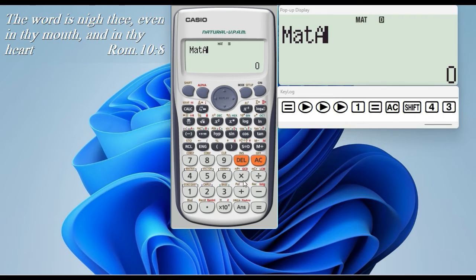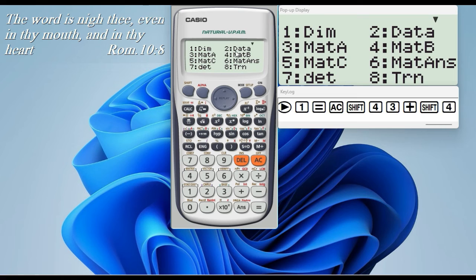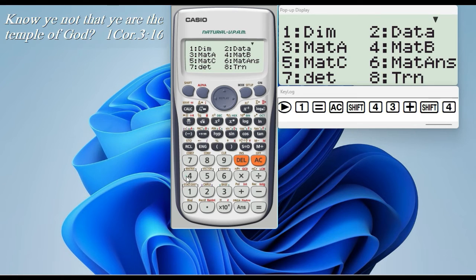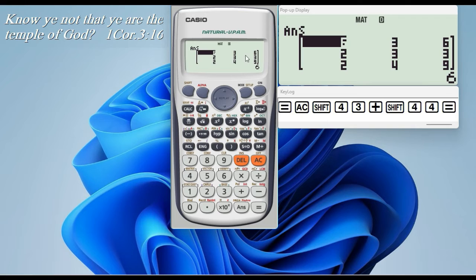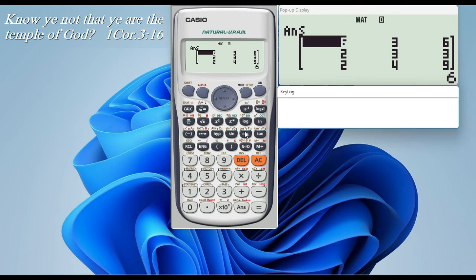So you pick shift, 4, and then B again, then you're going to get your solution. So the summation of matrix A plus B is going to give you this particular result, 6, 3, 6, 2, 3. So definitely that's what we have keyed inside the matrix A, because the matrix B is an identity matrix, which is 1, 0, 0, 0, 1, 0, and then 0, 0, 1.